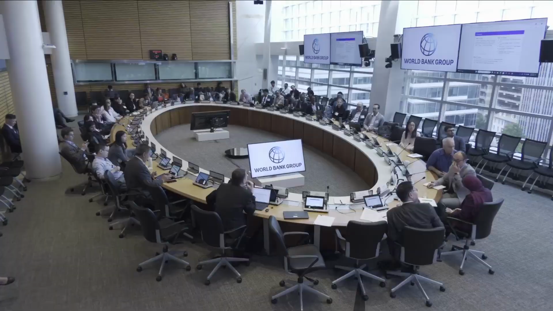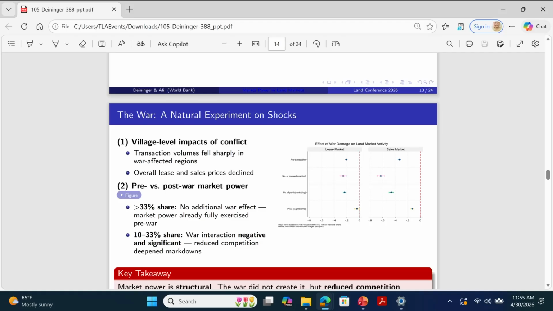Yeah, on this one, the way we try to identify it is whether village councils were damaged or directly affected by the war, and whether there is a significant decrease in volume or prices.